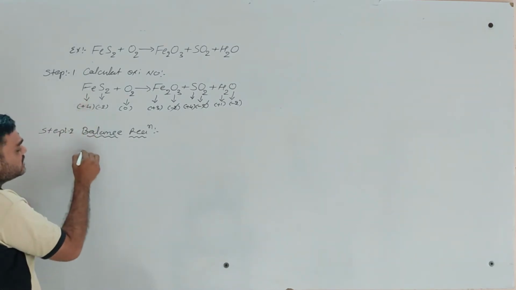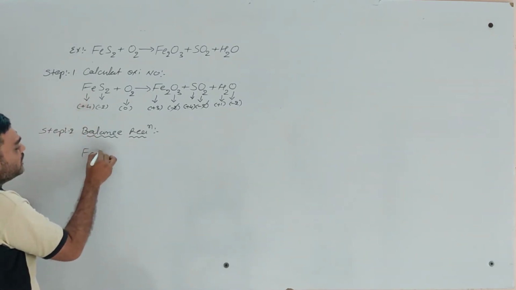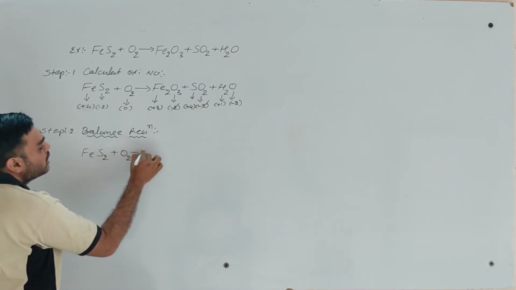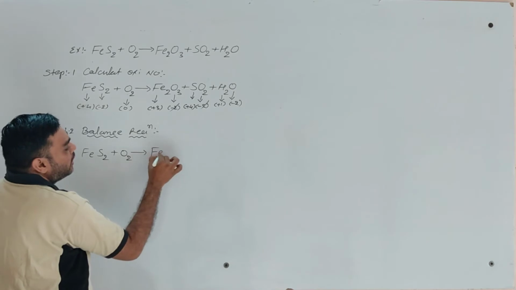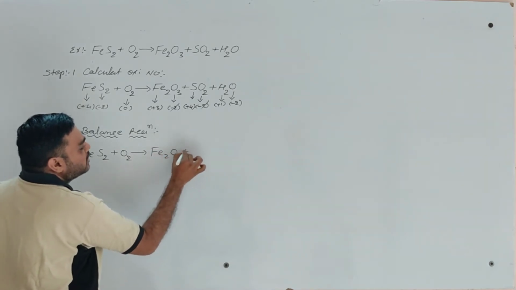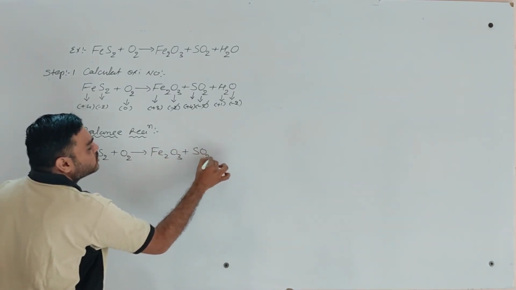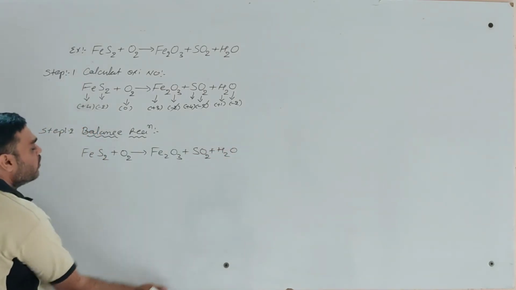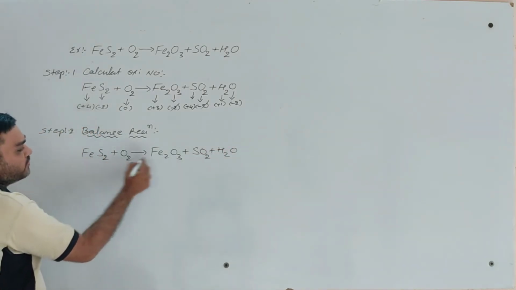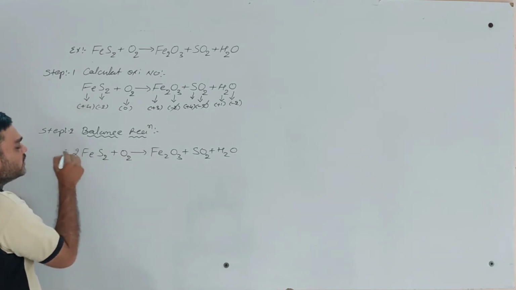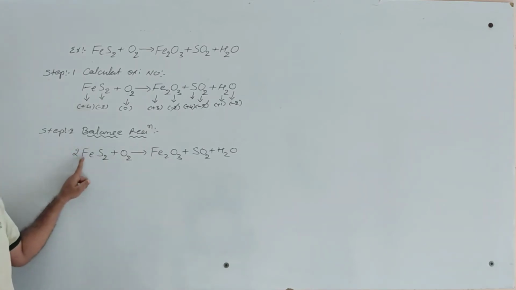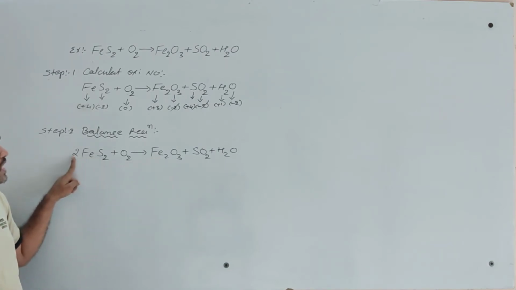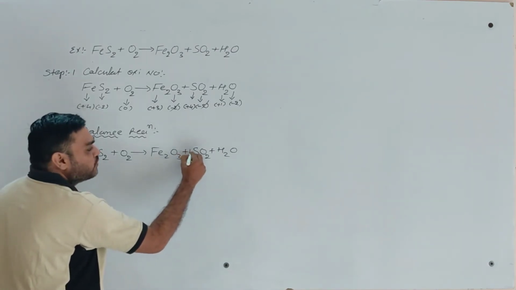Again I write this equation, FeS2 plus O2 gives Fe2O3 plus SO2 plus H2O. Now here 1 Fe, 2 Fe, so multiply with 2. So iron Fe balanced. Sulfur 2 2s are 4, so I put here 4.